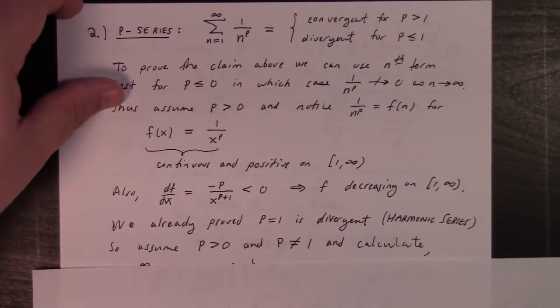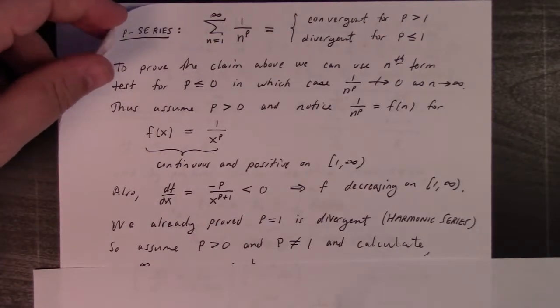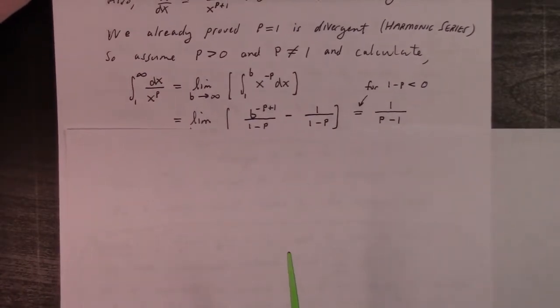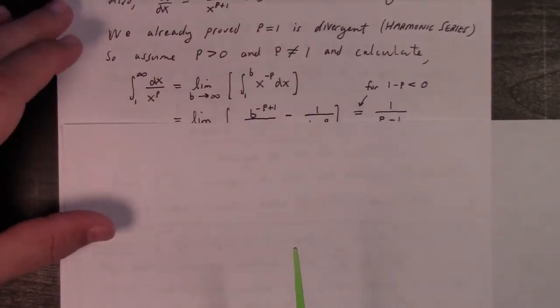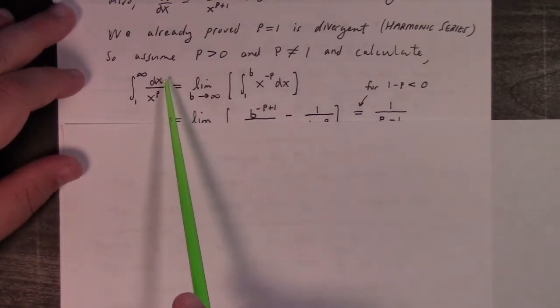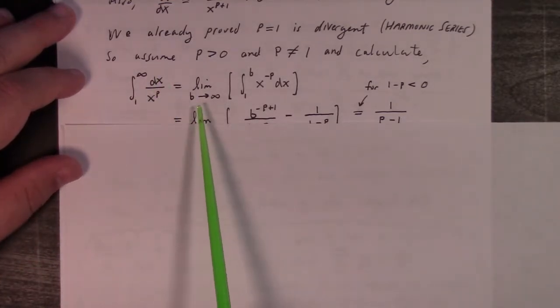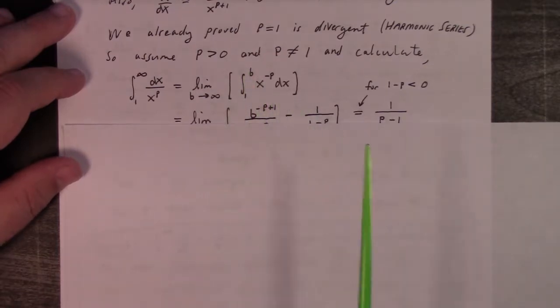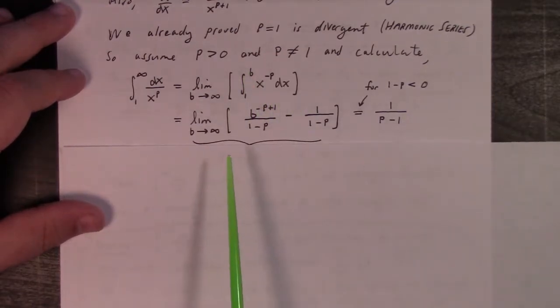So, we have already proved that p equals 1 is a divergent case. That's the harmonic series. So let's assume that p is greater than 0 and p is not equal to 1, and calculate the integral of dx over x to the p, the limit as b goes to infinity of the integral from 1 to b of x to the minus p dx, is given as follows.